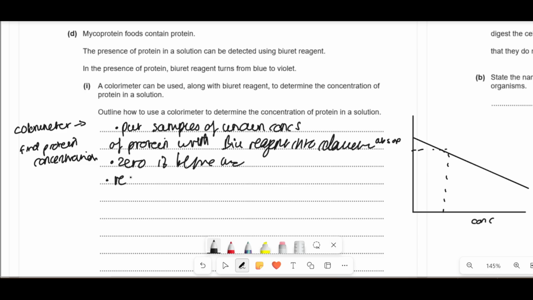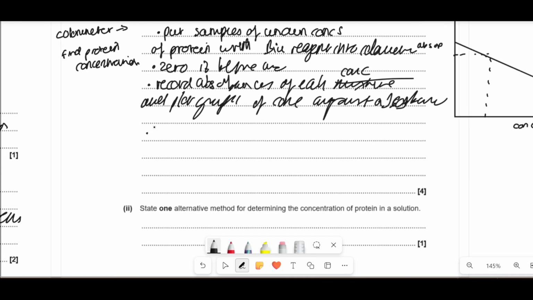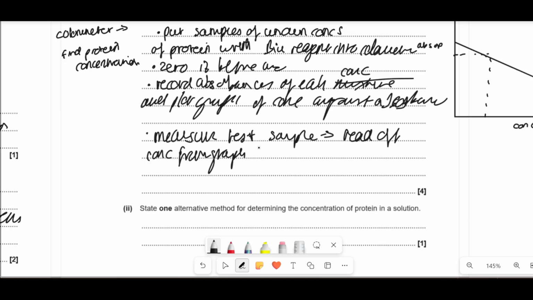Then you record the absorbances of each concentration and plot a graph of concentration against absorbance. Then you measure the test sample and read off the concentration from the graph using its absorbance. That's how you do it.